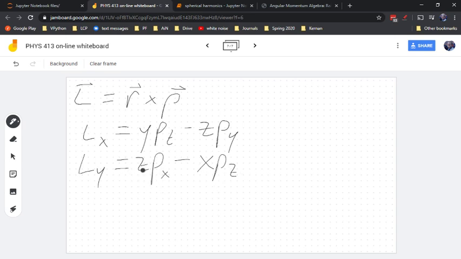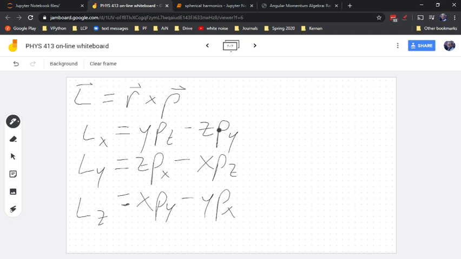And so that'll give you the term that has the minus sign. And then Lz is going to be xpy minus ypx. And I know everybody has their favorite way to do cross products. The determinant method seems to be really popular among today's students.